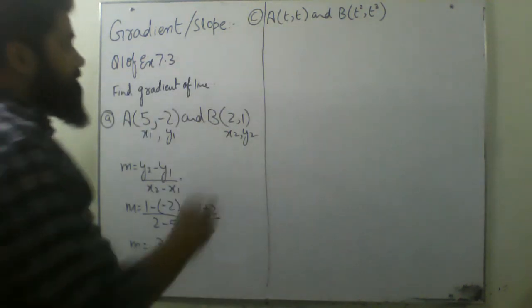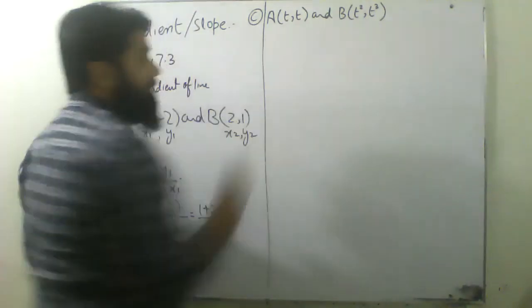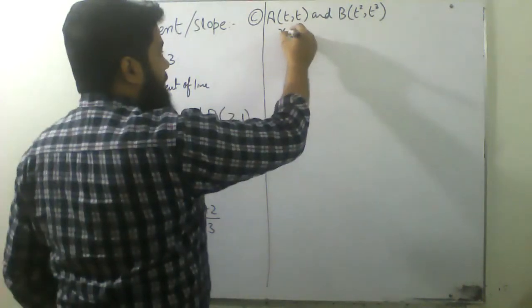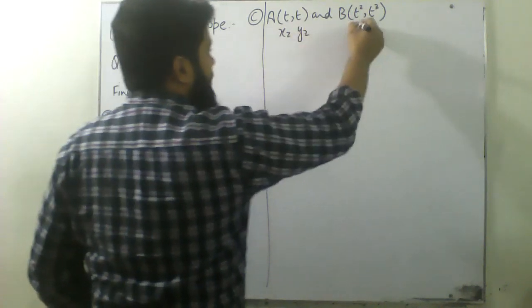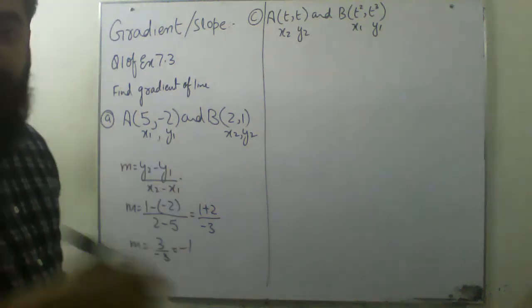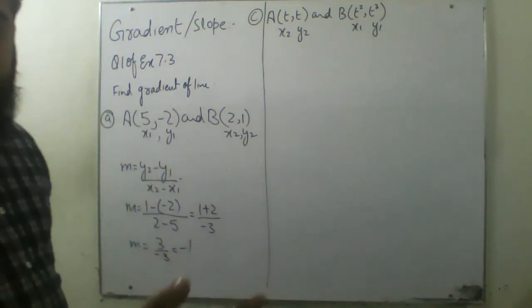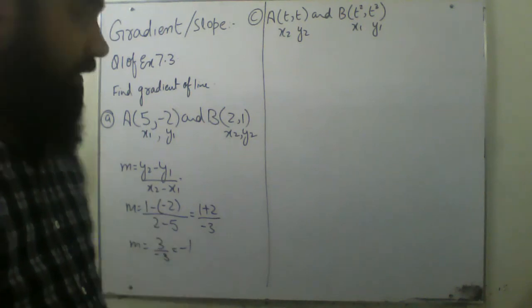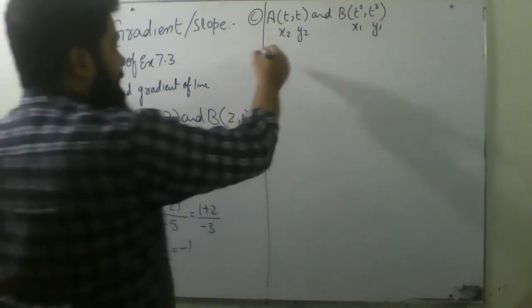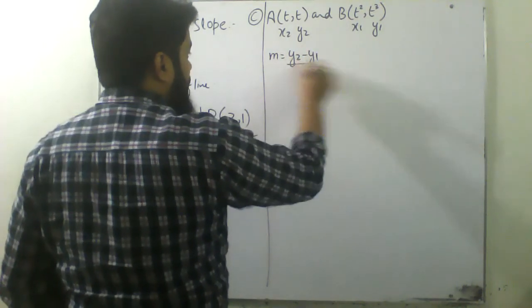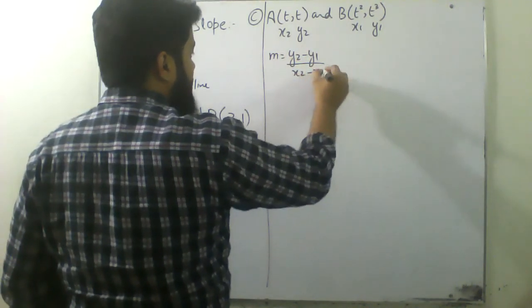Okay. So now I'm taking this one as x2, y2, and this one as x1, y1. It doesn't make any difference between 2 points. You can take anyone as x2 and anyone as x1, y1. Okay. So simplifying it, m equals y2 minus y1 upon x2 minus x1.